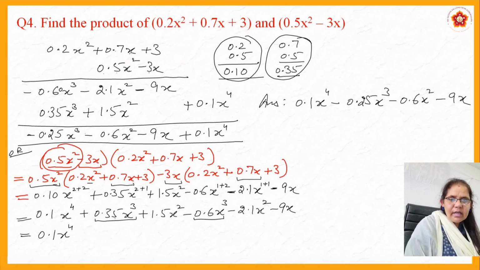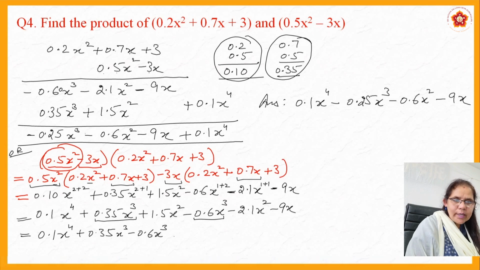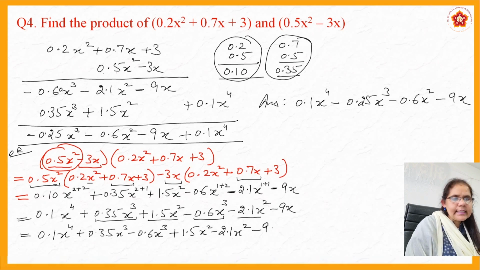So 0.35x cube minus 0.6x cube. I am just writing it together. Same way I will write down the square terms together. These are the two square terms: plus 1.5x square minus 2.1x square. Now which term is left? The last term, 9x is left.